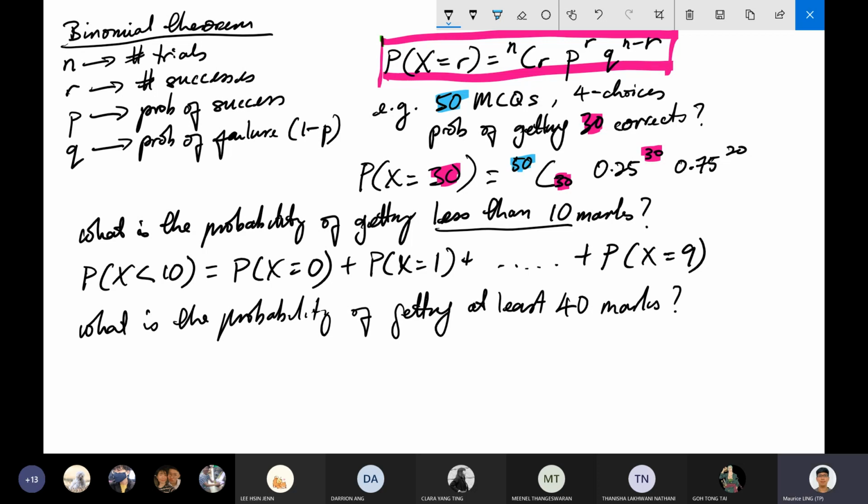So is 40 included? Yes. So the probability of getting at least 40 marks is the probability of 40 and so on, all the way to 50.